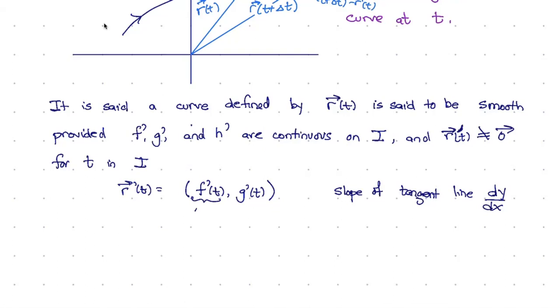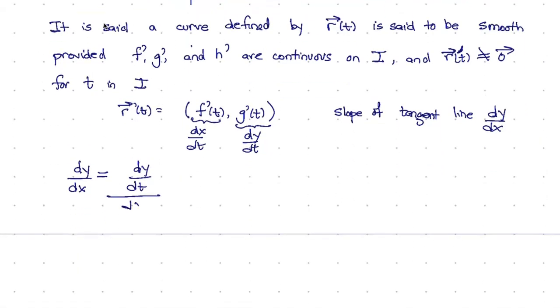And so right here we have dx dt, and we have dy dt, and we know from parametric equations, perhaps in calculus 2, that if I want to find dy dx, that's going to be dy dt divided by dx dt. And if this is equal to a 0 over 0 form, this implies that dy dx does not exist.